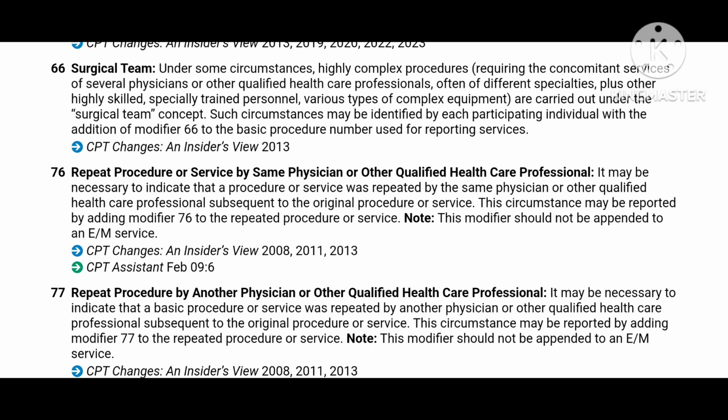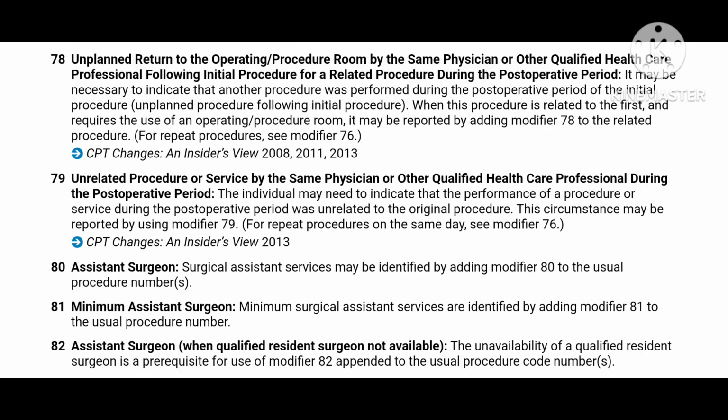Next is 78 and 79. The 78 is used for unplanned return to the operating or procedure room by the same physician or other qualified healthcare professional following initial procedure for a related procedure during the postoperative period. Patient has undergone a surgery, but now he needs one more surgery.